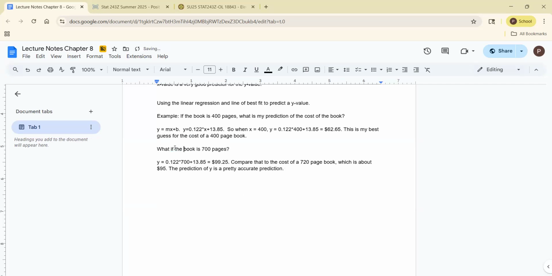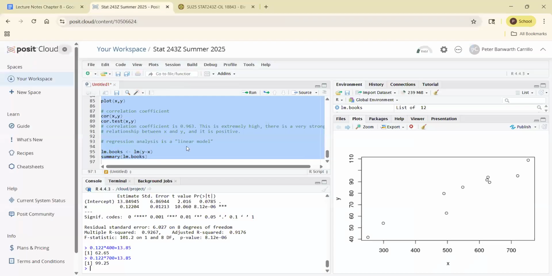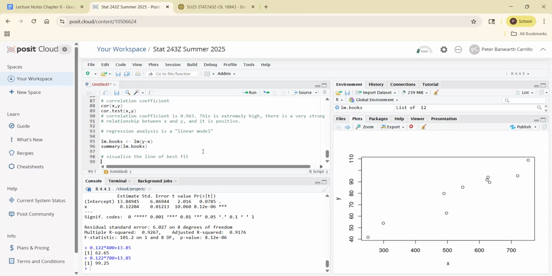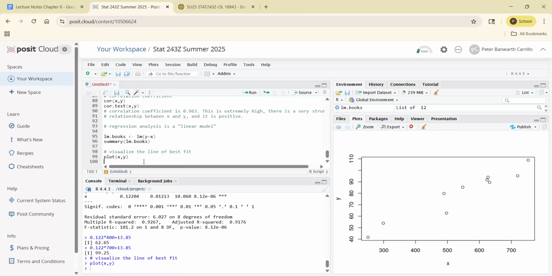All right. One more thing I want to show you in R, and then we're going to go through a homework question so you can watch me go through it for practice. We can actually visualize the line of best fit very easily just by doing, well, let's plot the x and the y again, make sure those are there.